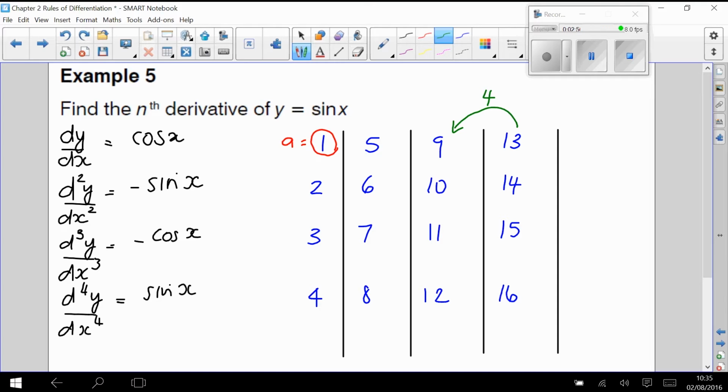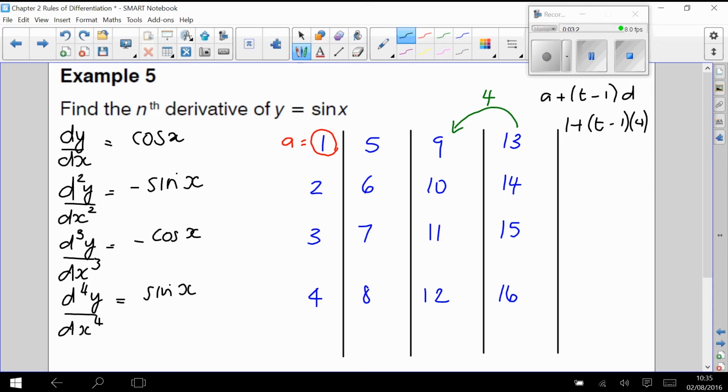If I now substitute the A and the common difference into the formula of A plus the term number minus 1 times by the common difference, I'm going to get the 4 options for my patterns. The first one is going to be 1 for A. I'm going to do this one in full, plus the term number minus 1 times by the common difference.